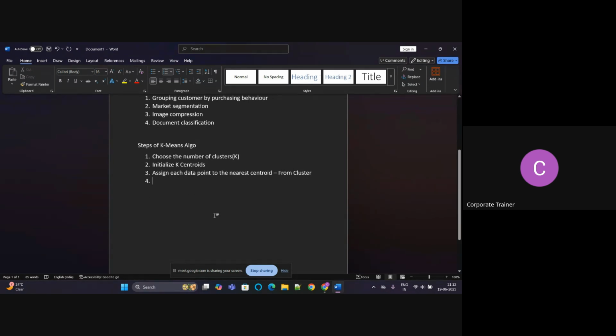Next step, we calculate the new centroid, which is the mean of the data points in each cluster.